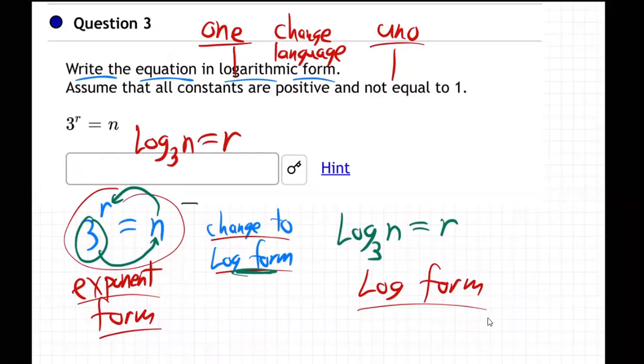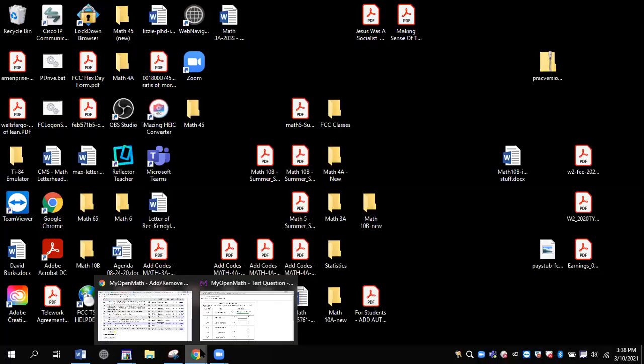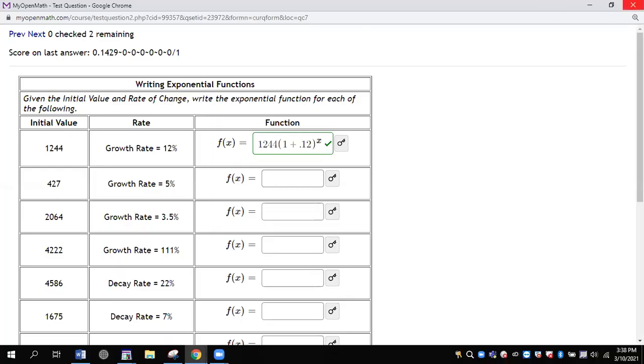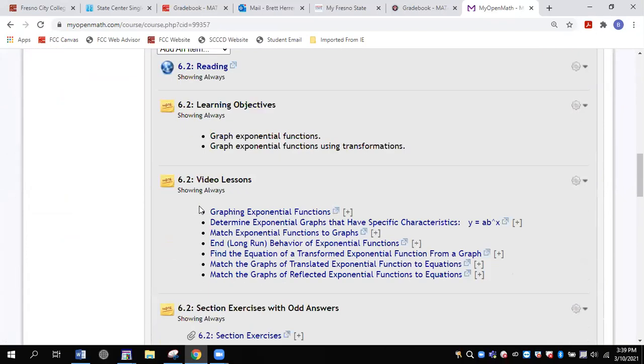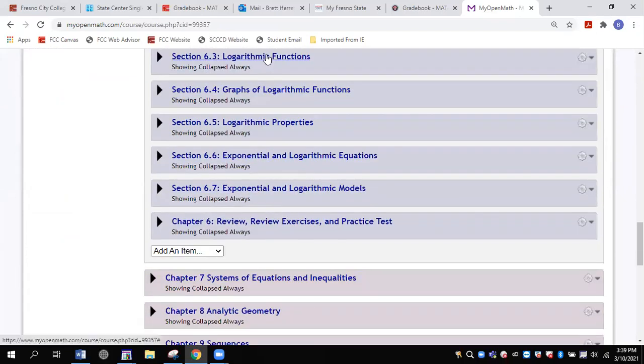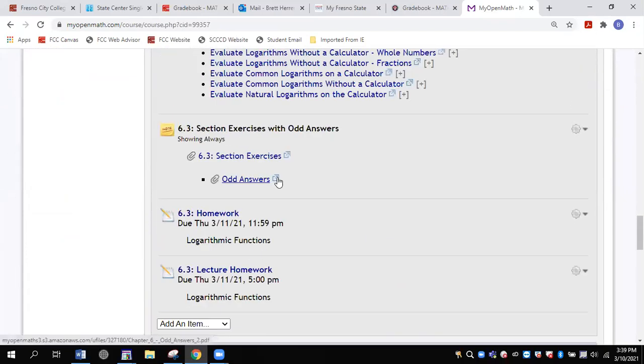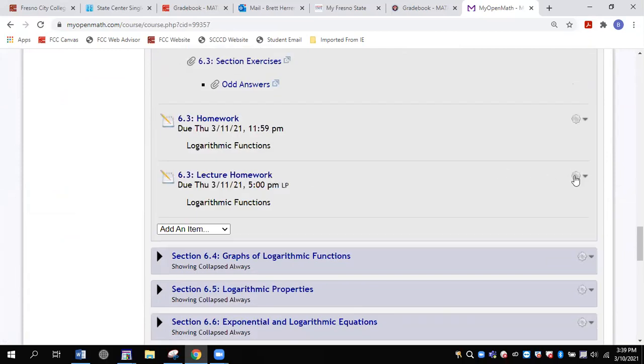No parentheses are required mathematically, but let me check and see how picky the homework system is. It shouldn't make us, but it doesn't always do what it should. Let me see. I'm just going to give it a try here. This is 6.3, question 3, and I'll see how picky it is.